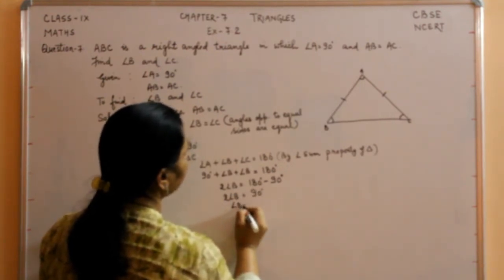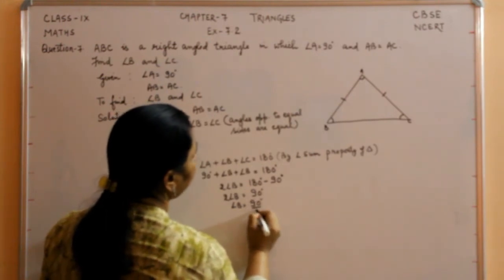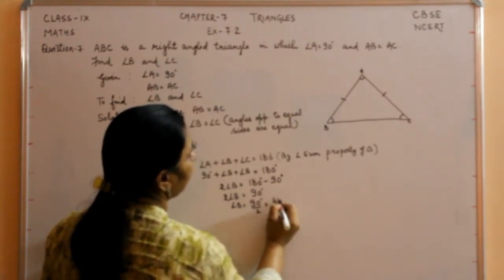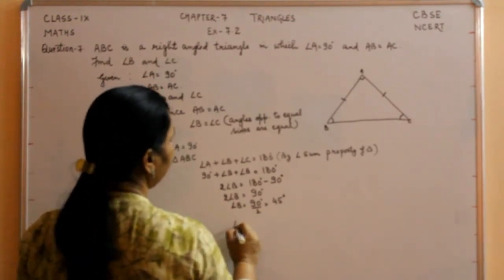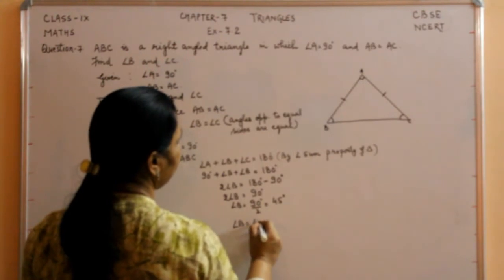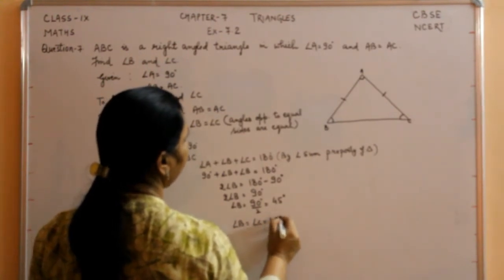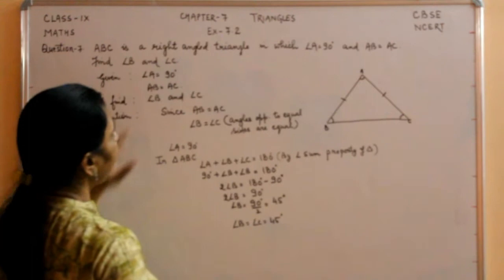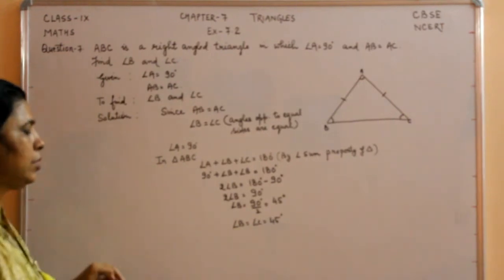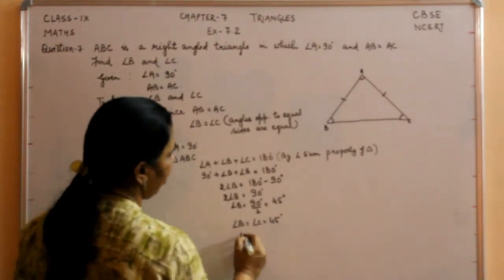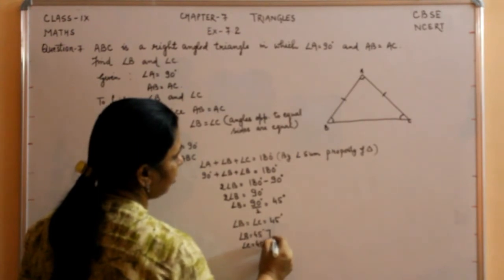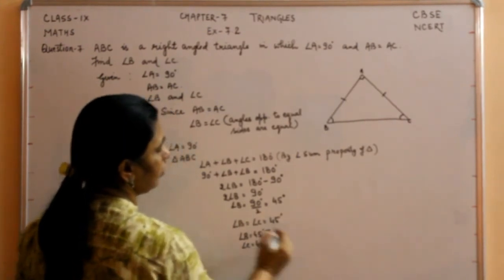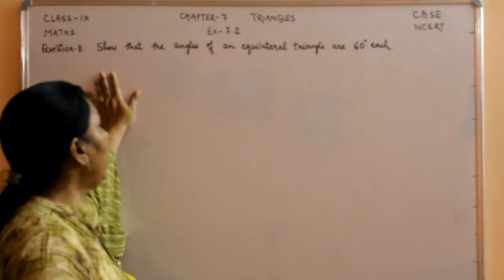Angle B is equal to 90 divided by 2 which is equal to 45 degree. So now angle B is 45, so angle B is equal to angle C is equal to 45 degree. We have to find out angle B and C. The angle B is equal to angle C is equal to 45 degree, or you can write angle B is equal to 45 degree. Angle C is equal to 45 degree. This is the answer.